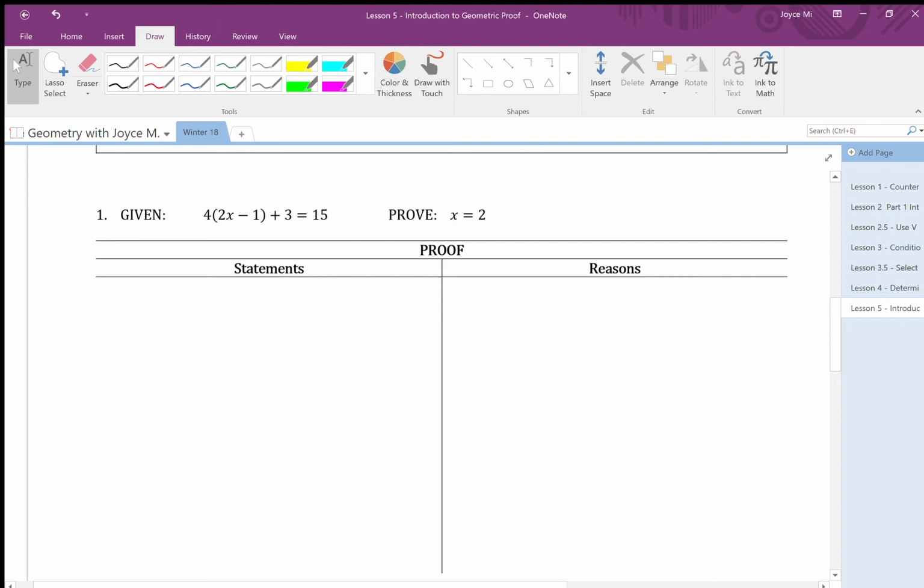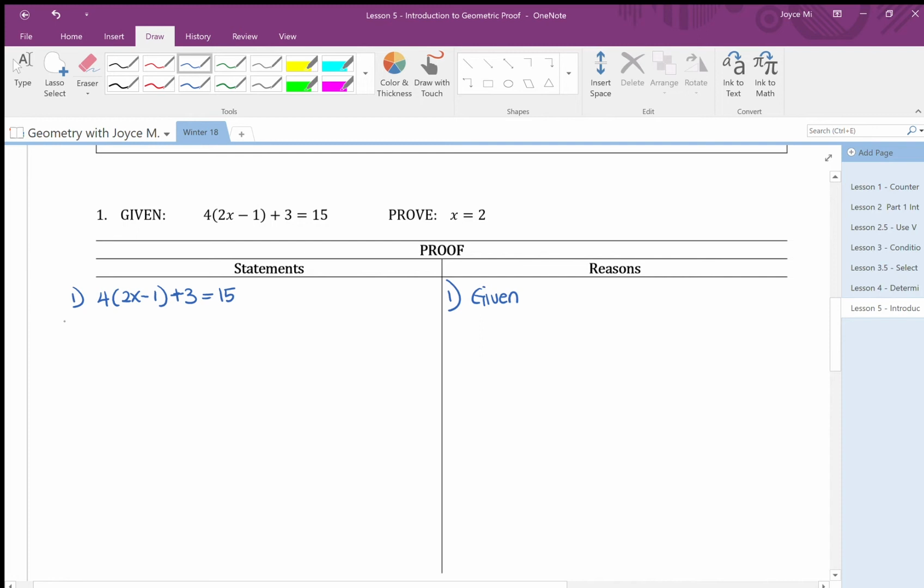For this question, I need to prove that x is equal to 2. Step 1, I always write down what is given. So 1, I have 4 times (2x minus 1) plus 3 equals 15. This one I'm given, so my reason is given.